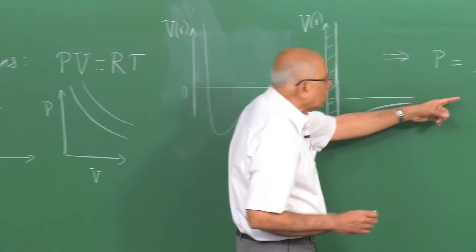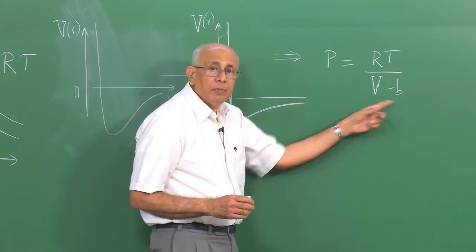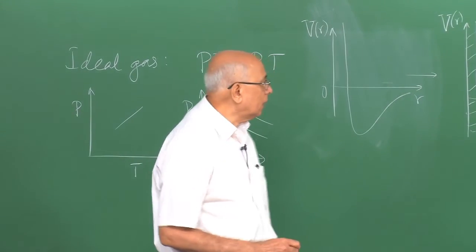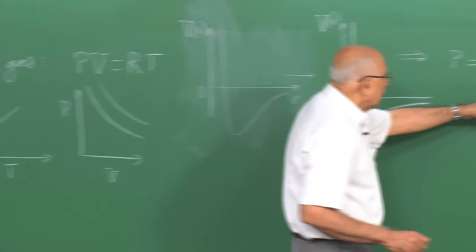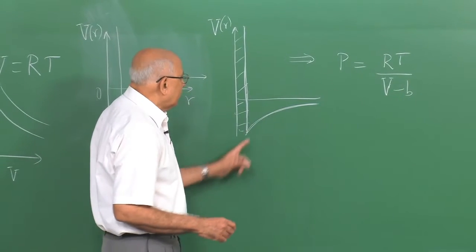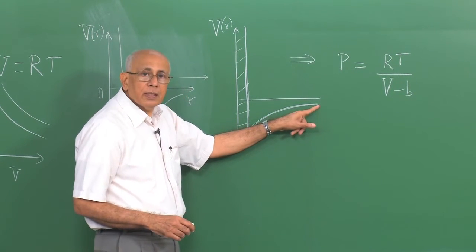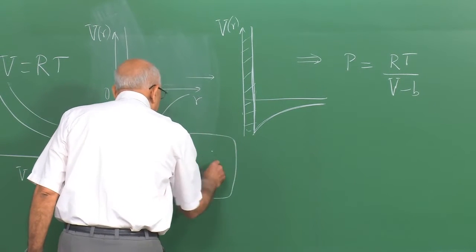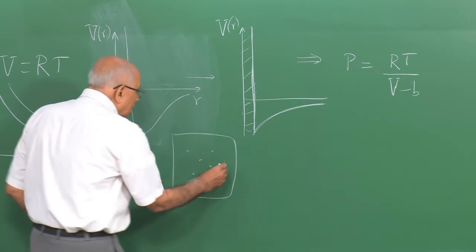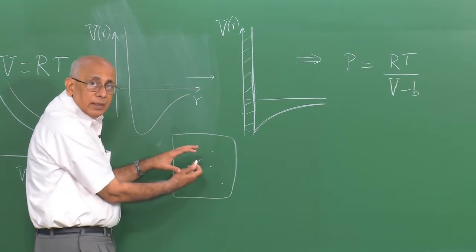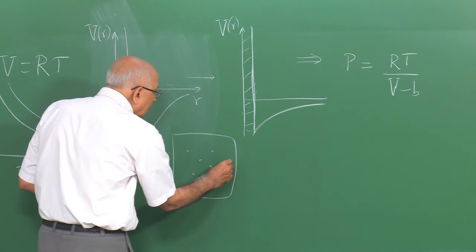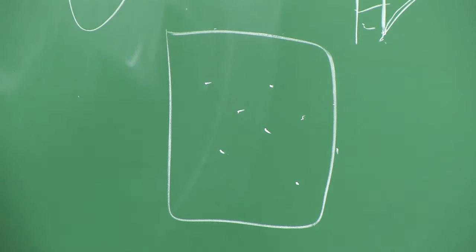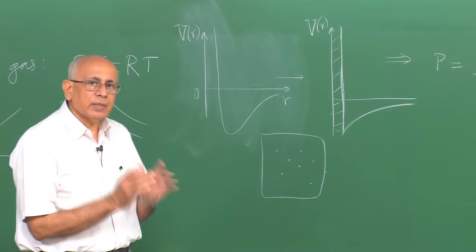So that is taken into account by saying the actual available volume to the gas is less than the volume of the container V. So there is a subtraction here, and then there is the fact that they attract each other at long distances. It implies that if you put these molecules inside a container, due to the attraction they have for each other at long distances, the actual average force on the walls of the container is reduced from what it would have been if this force had been absent.